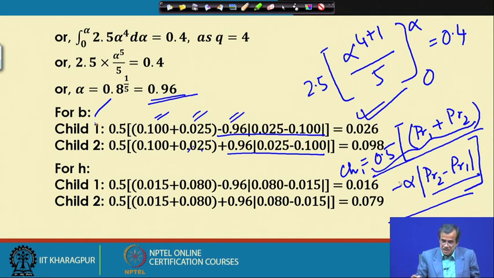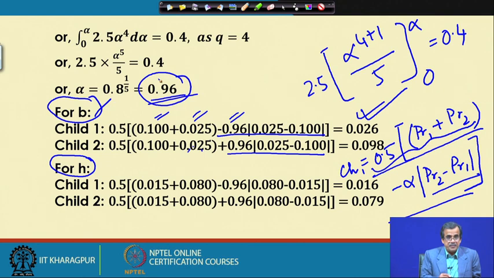So, by using this I can find out the expression for child 1 and child 2 for this particular B. Similarly, for H, that is the height of that particular single point cutting tool, use the same principle to find out child 1 and child 2 and use the same value of alpha.